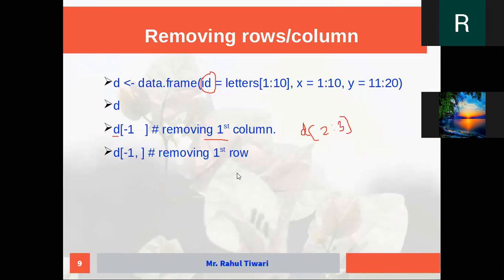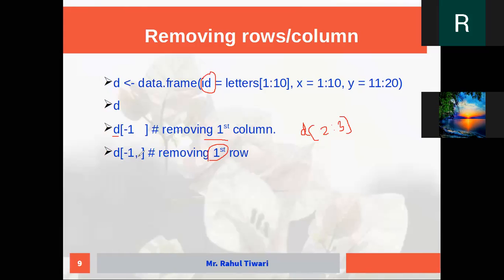Suppose I'm interested in the first row. I have already mentioned, whenever I'm interested in only a column, I will not use a comma. That means by default it will assume the column. But now I am interested in removing the first row. That means I am interested in row and column.